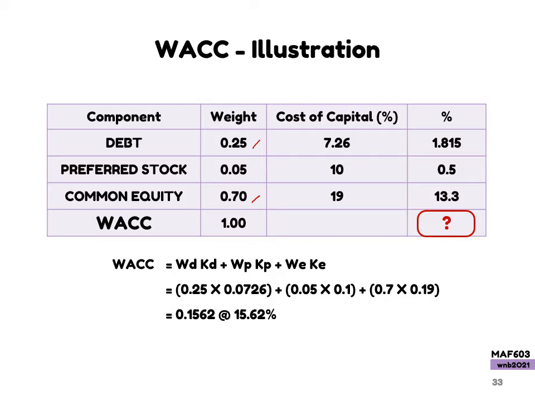So, insert all this information in the formula for WACC, then we can get the figure for the weighted average cost of capital for this particular illustration of 15.62%. So you need to know, first, the weight of financing for each individual component as well as the cost of capital. Then you can find the WACC.